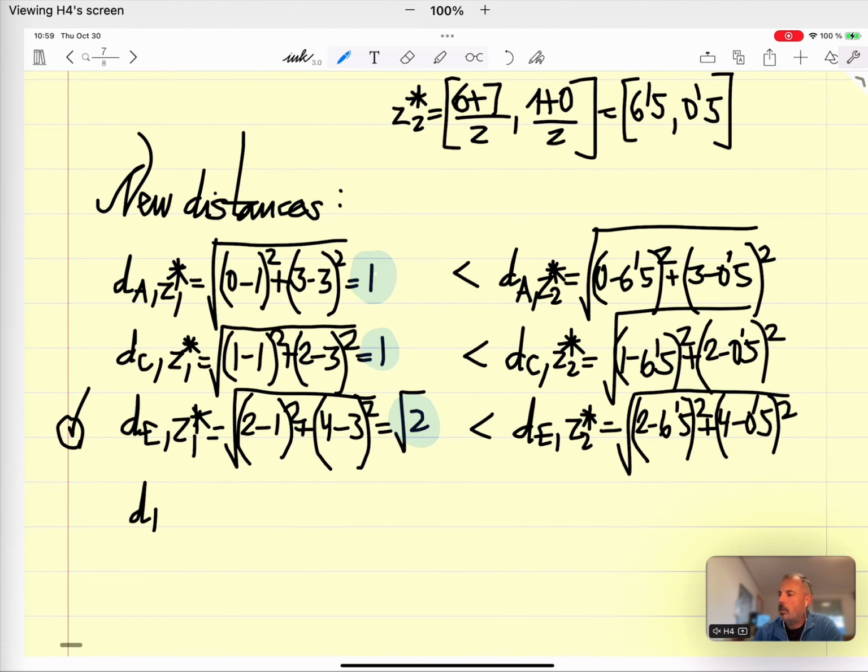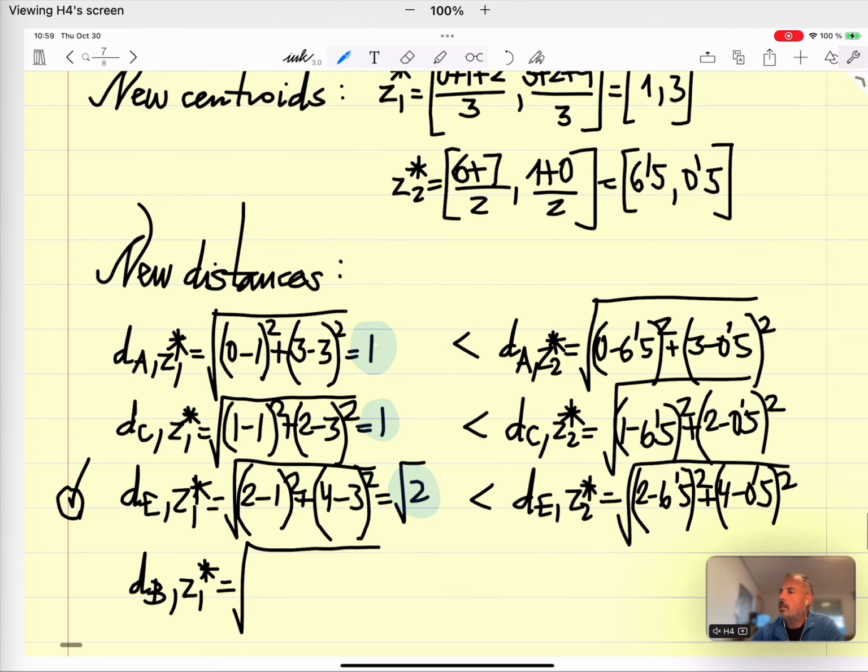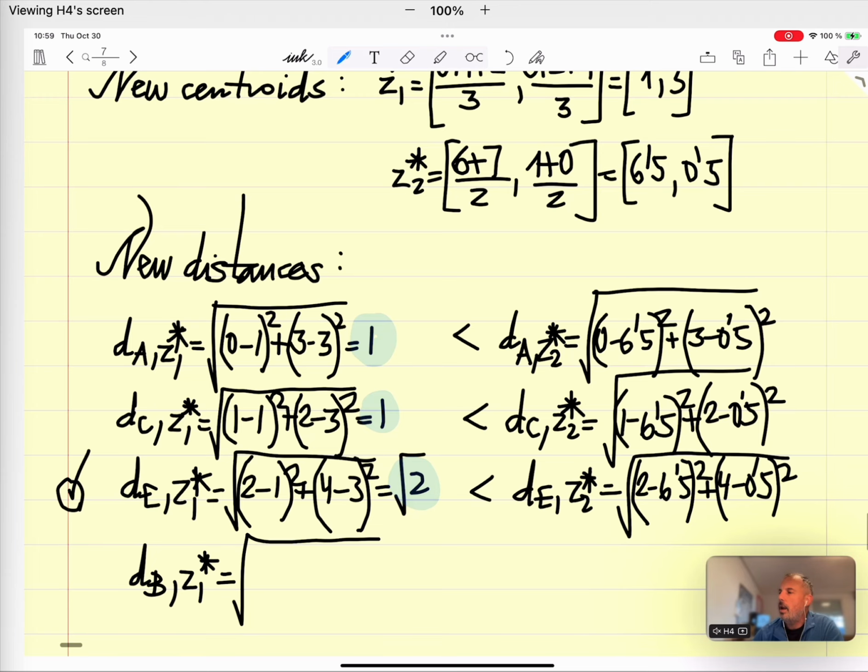Then let's look at the other one, Z1 star and B, which B is 6 and 1, so (6 minus 1) squared plus (1 minus 3) squared. This is 25 plus 4, square root of 29.